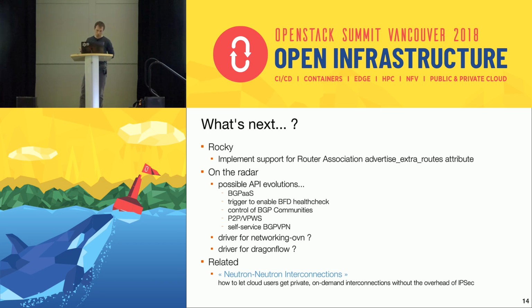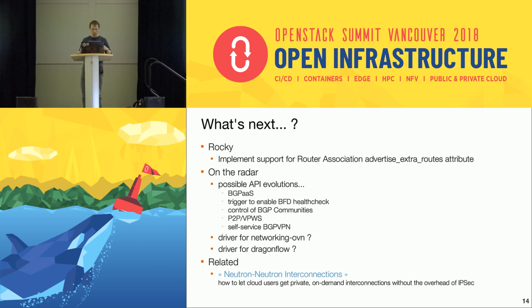Also, two things that could be considered: extending the set of solutions supporting BGP VPN. As I said, there are already quite a lot, but we are interested in seeing drivers for all SDN controllers so that the toolbox is complete. And OVN and Dragonflow are two solutions for which we would be happy to see drivers being implemented.